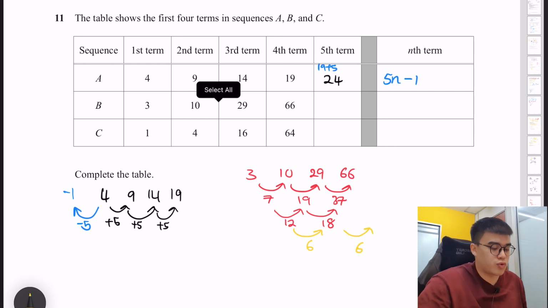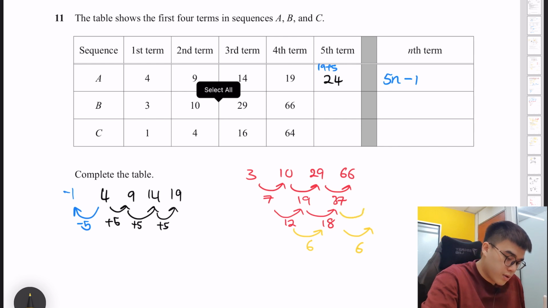So let's try to trace: 18 plus 6, the difference is 24. Okay. So 37 plus 24 is actually 61.